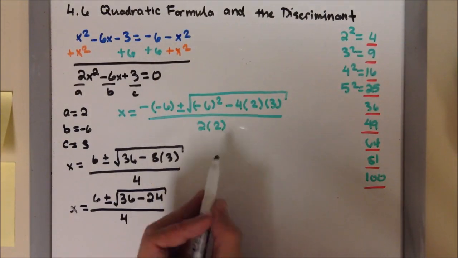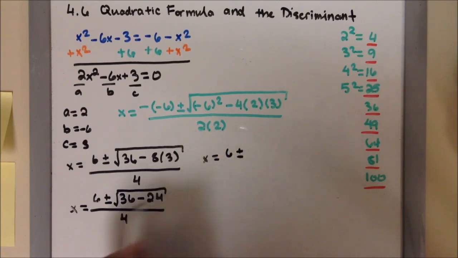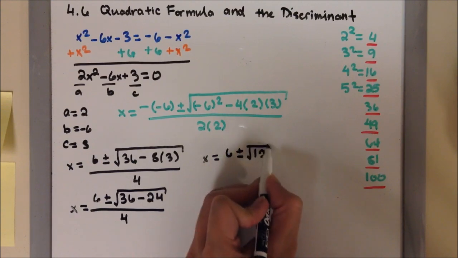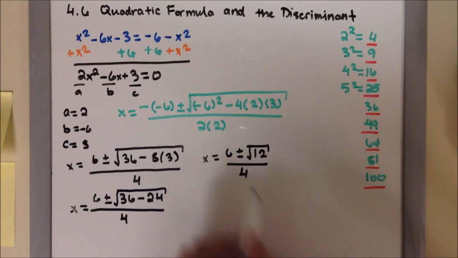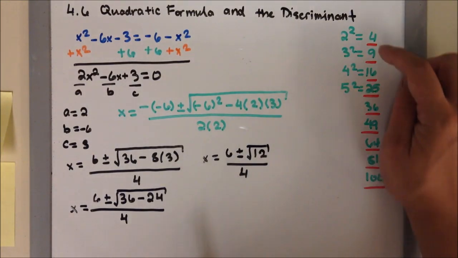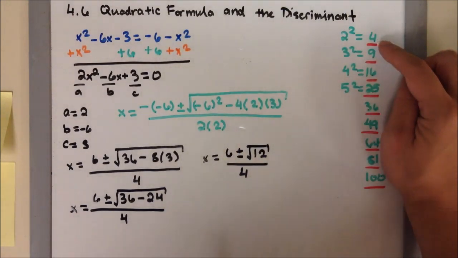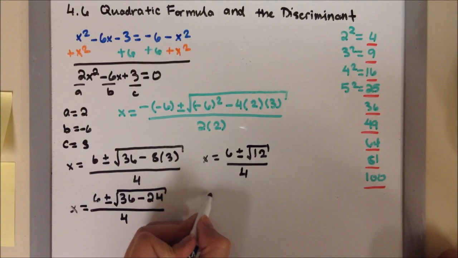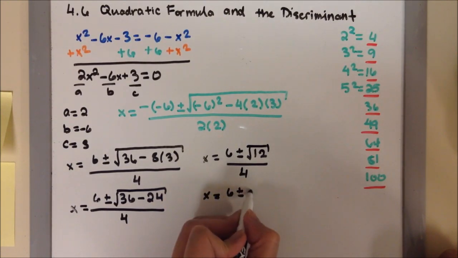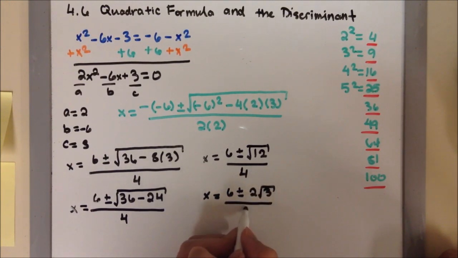So from there, it's going to be x equal positive 6 plus and minus 36 minus 24 would be 12 over 4. Now when you simplify the square root of 12, because your perfect square number 4 can go into 12, it will actually be x equal 6 plus and minus 2 square root of 3 over 4.